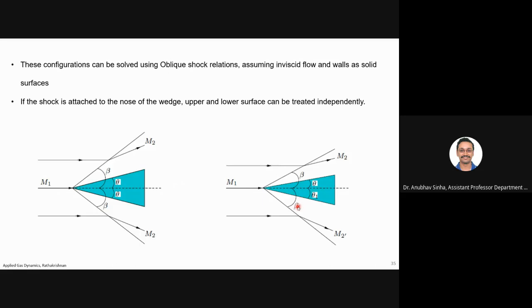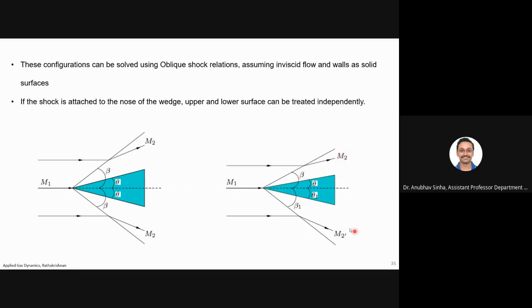According to the background theory, it makes no difference. We can assume each to be independent. I will take this half plane, talk about this particular shock, and solve for it using either the equations, tables, or the hodograph plane. So I will solve for this M2.